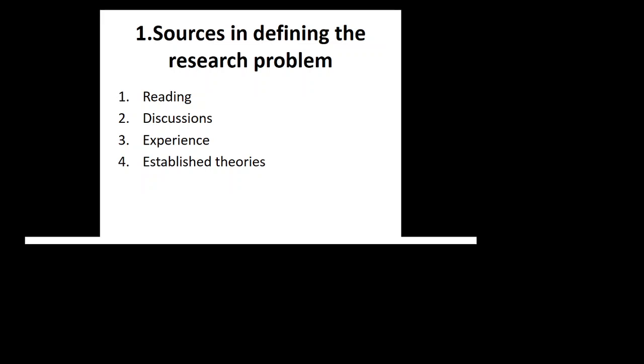Careful study of all information already published is going to give a very good idea of what information is available, what are the theories prevalent, and where your research gap lies. Once you identify the research gap, automatically you can frame your research problem.